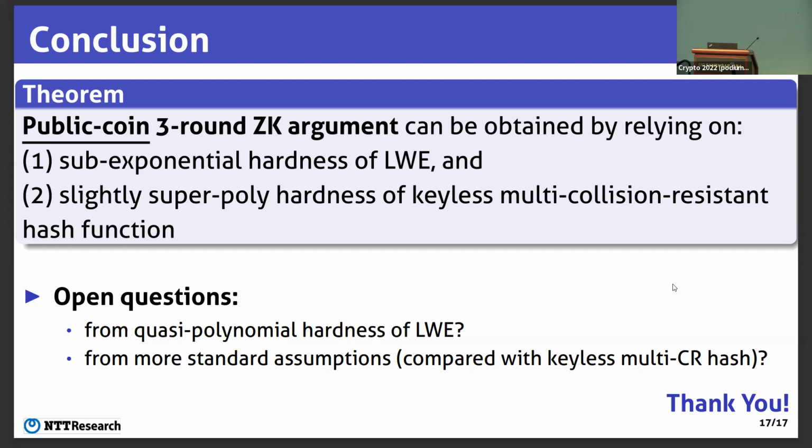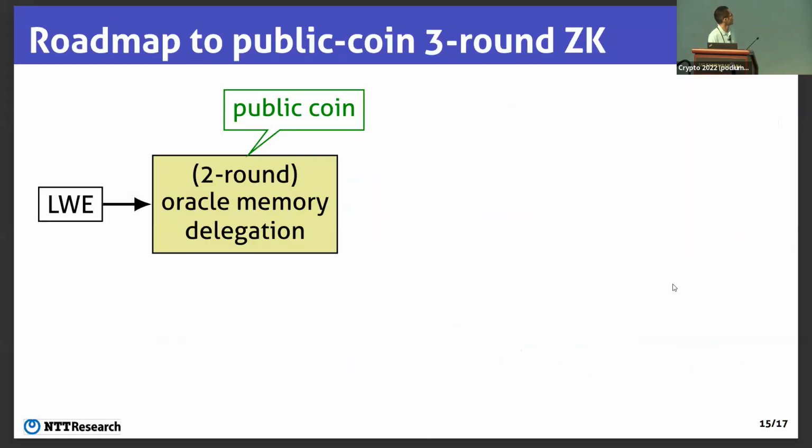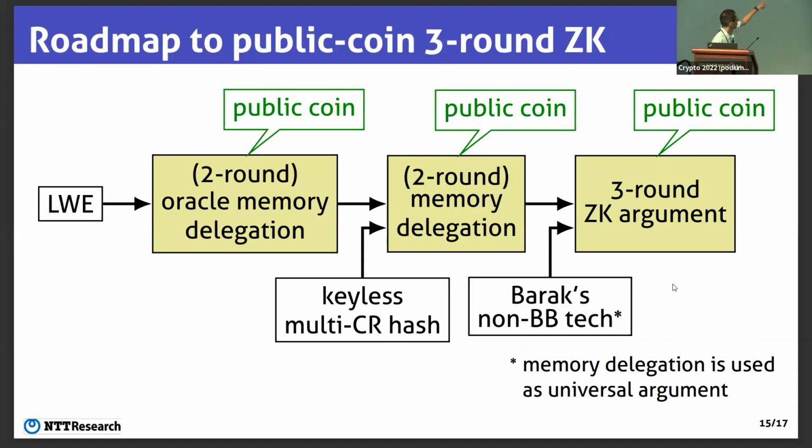Sorry. On slide 15, why do you need LWE? So the question is why we need LWE from here. That's because the only construction that we have of public coin Oracle memory delegation is from LWE, and in particular, it uses FHE or some kind of construct.